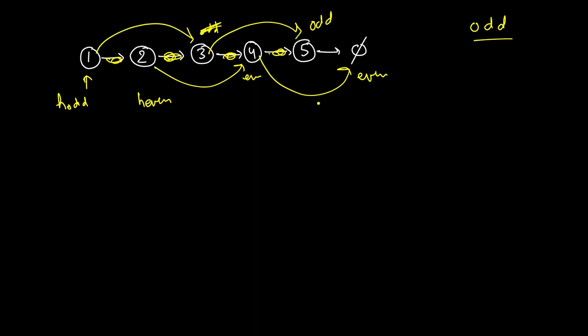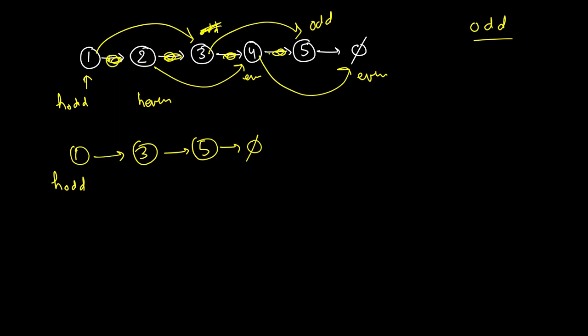Now let's see, even has become null. So we have 1, its next is 3, so let's draw 3, its next is 5, so let's draw 5, its next is null, we have not changed it. And h odd will be here, we are not changing h odd and h even. Now there is no other connection in this list.